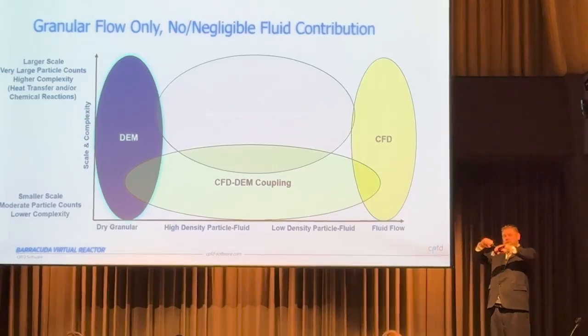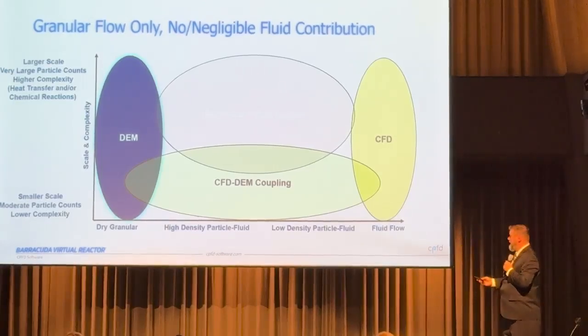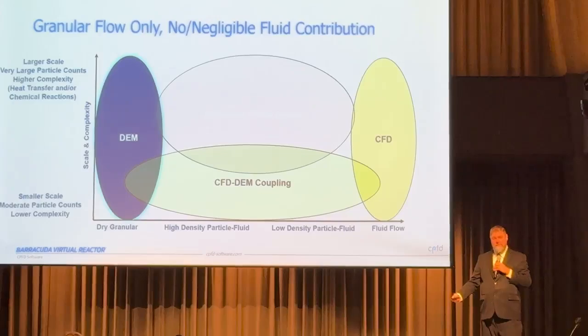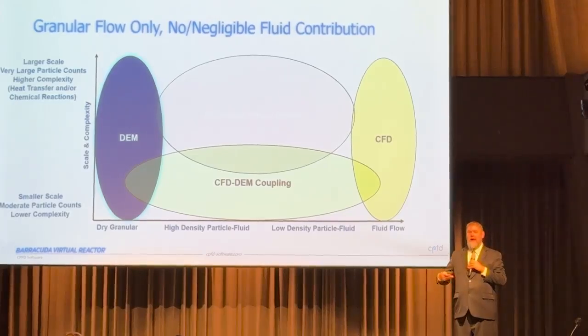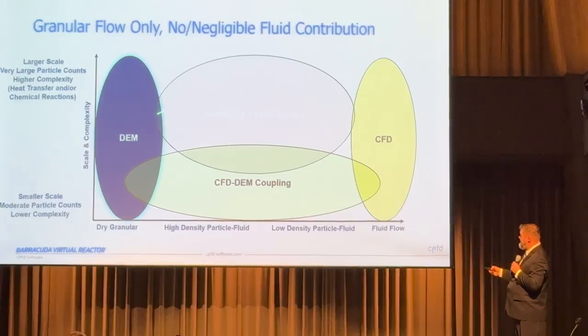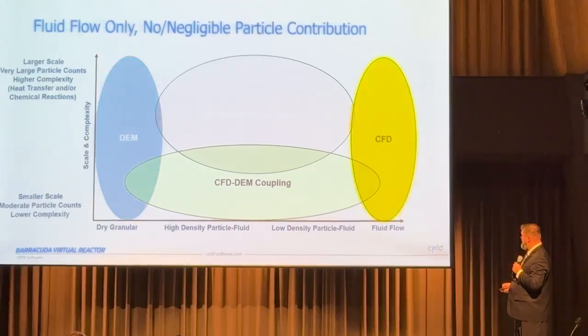So how do they bounce? What Barracuda does is it takes that and puts it through models. So on a statistical basis, on average, what would happen if particles collide, which is typically more scalable. And so for dry granular, DEM, and for pure fluid flow, CFD is typically a good fit.